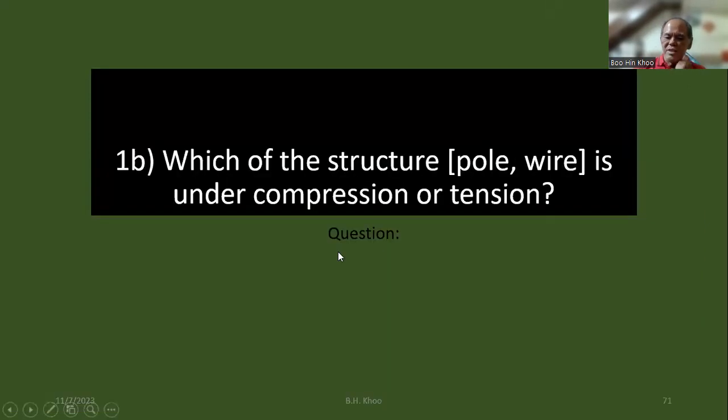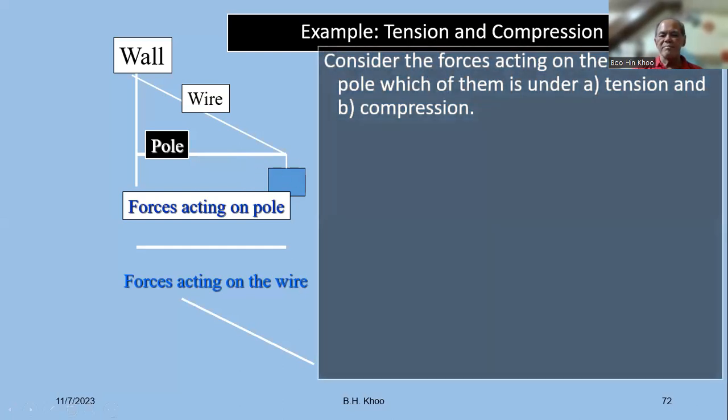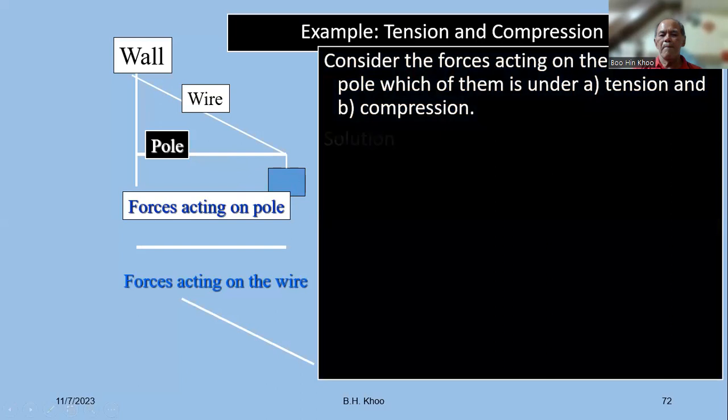Okay, which of the structures, pole and wire, is under compression or tension? Which is compressed, which is stretched? We look at the diagram again. Consider the forces acting on the wire and the pole.